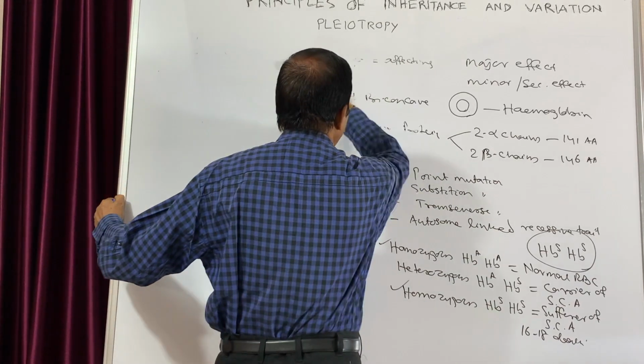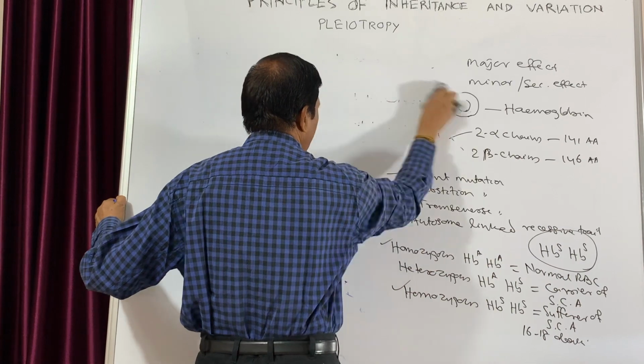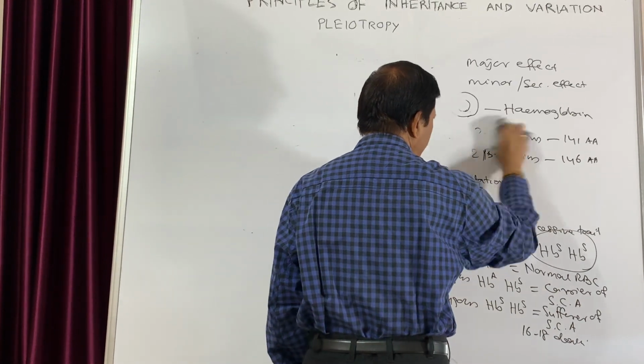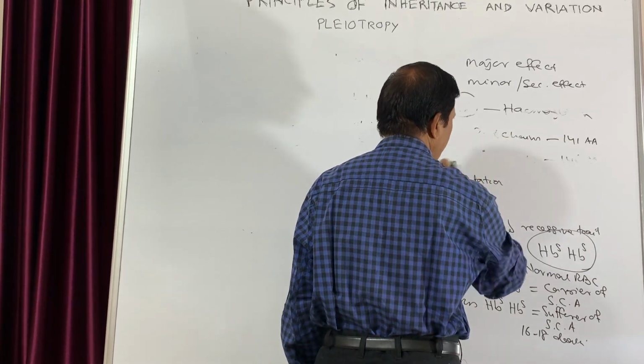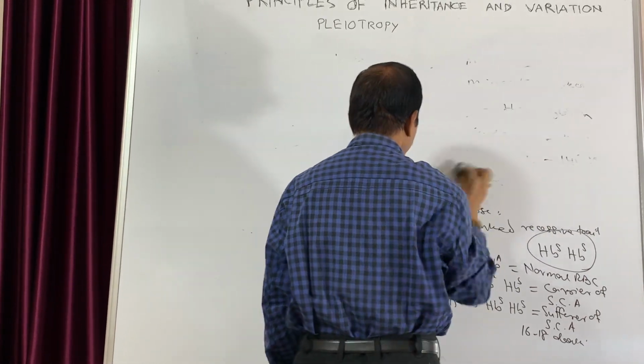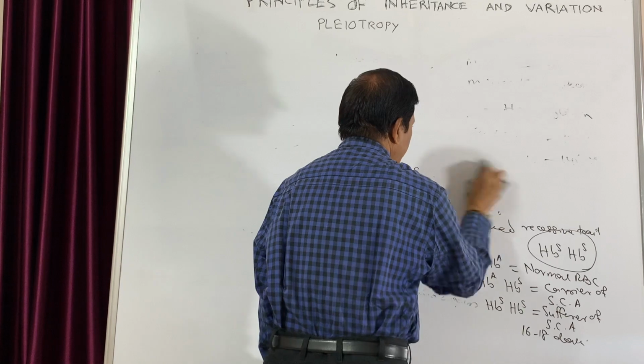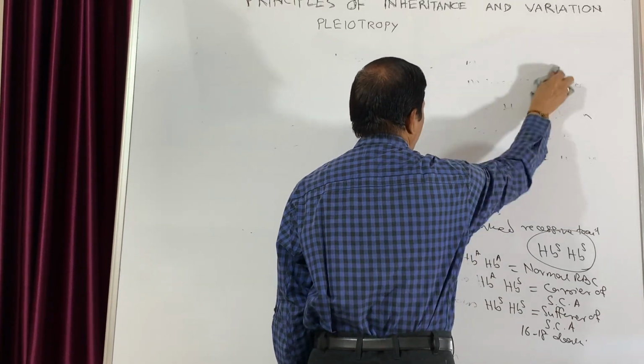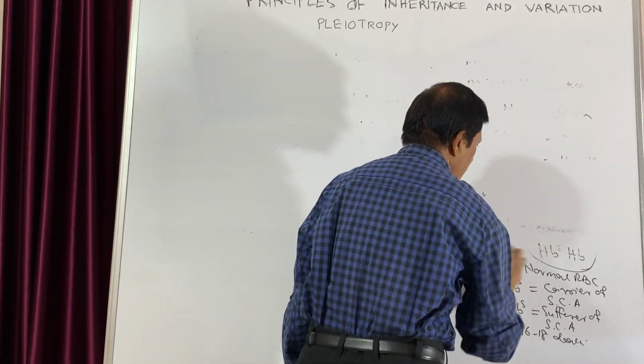Now let us discuss the second example, that is phenylketonuria. The phenylketonuria is also an autosomal recessive disorder, and this gene is usually present in chromosome number 12.